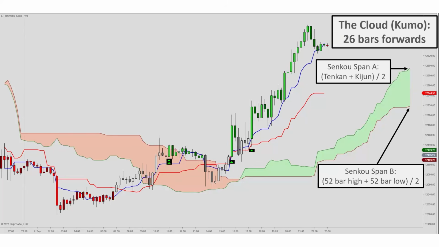When the A span is above the B span, you'll see a green cloud, as we see here, a bullish trend. And when it drops below the B span, then you have a red cloud and a bearish trend. For sideways scenarios, the price would be interacting with the cloud, as we see here. And that is generally consolidating markets.